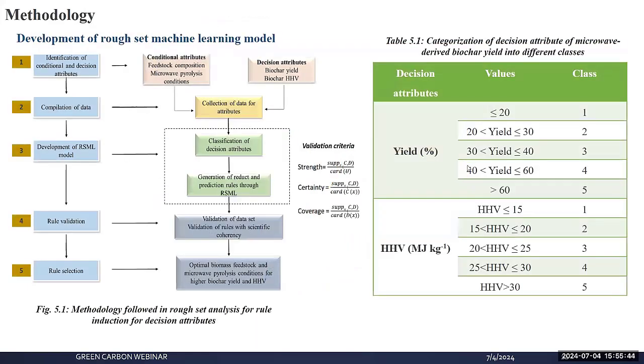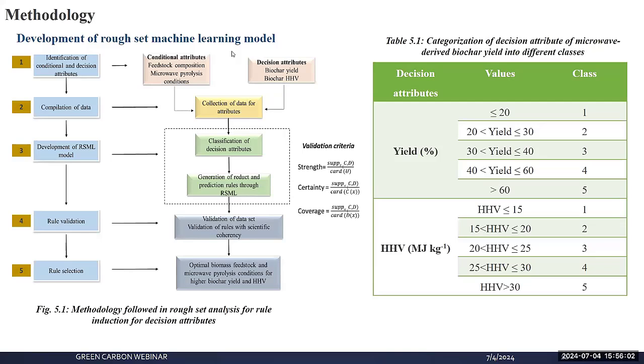And this is the methodology part, where the data set is divided into conditional attributes and decision attributes. The conditional attributes are otherwise called the input features, which are the biomass characteristics and the process conditions, and the decision attributes include the biochar yield and HHV.